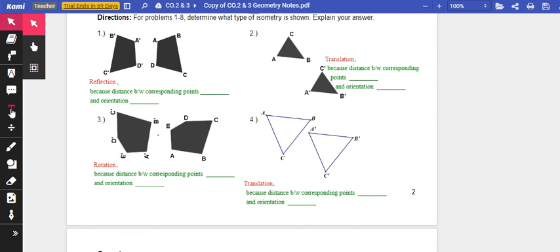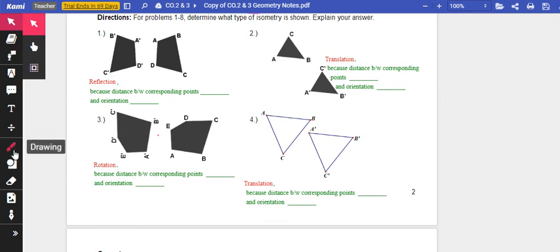That's not a very good explanation. So I want something more specific that really tells me I am looking at a reflection in particular and not a translation or a rotation. So we're going to use the distance between corresponding points and orientation to help us with those explanations.